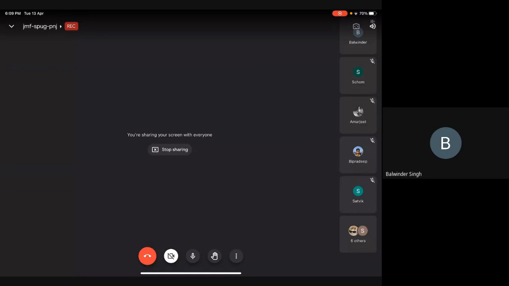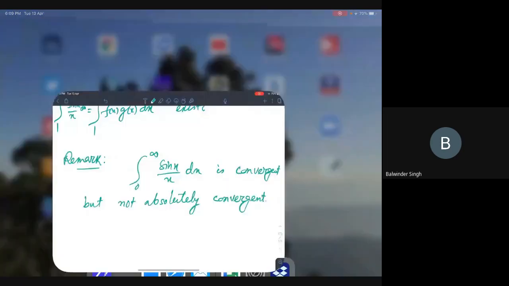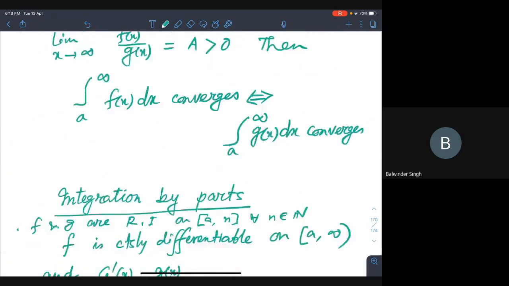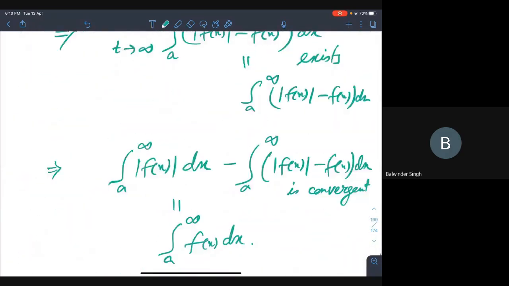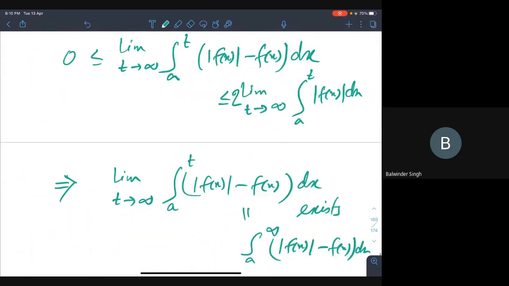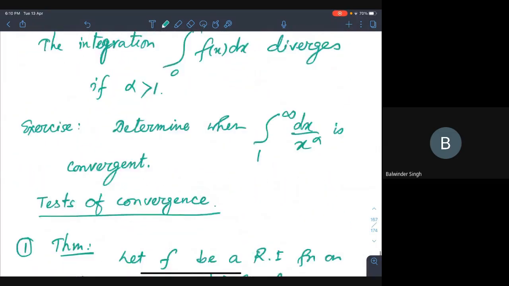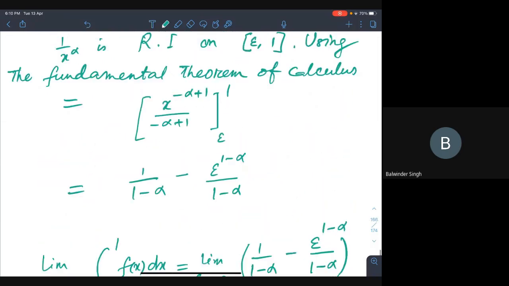Then I applied the mean value theorem. I am stuck there after the mean value theorem step. Okay, so let me see where I gave it. It is in the notes, but it was given as an exercise. Its proof was not given; its proof was an exercise.